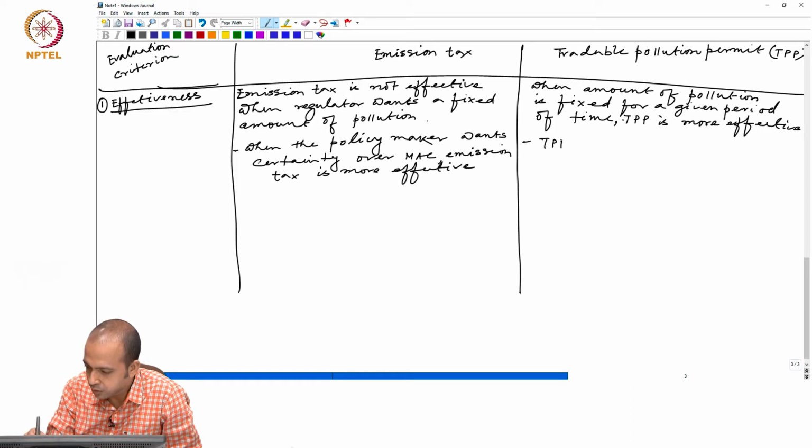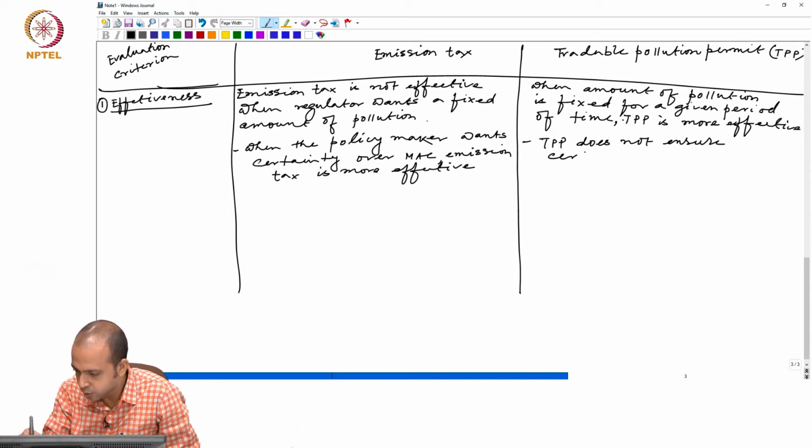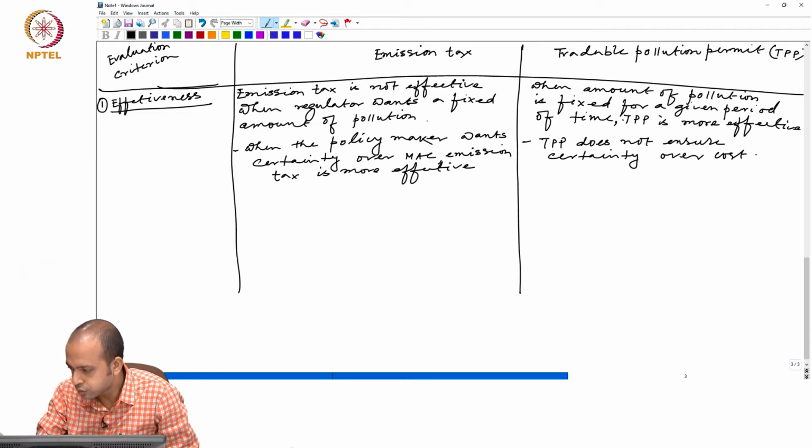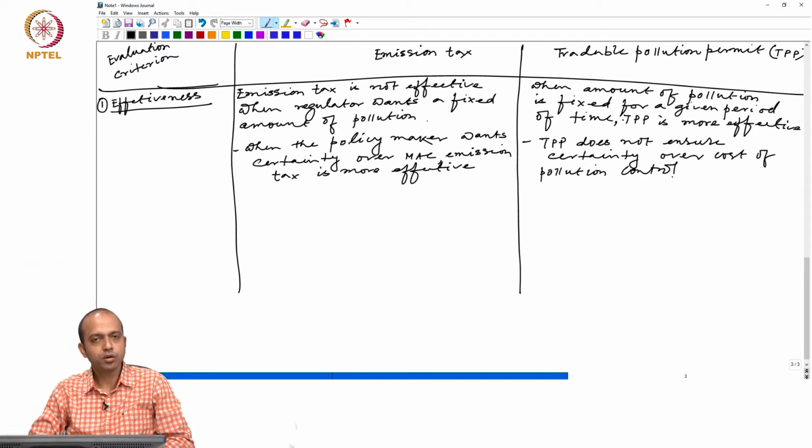TPP does not ensure certainty over cost of pollution control. So these are the two alternative cases.